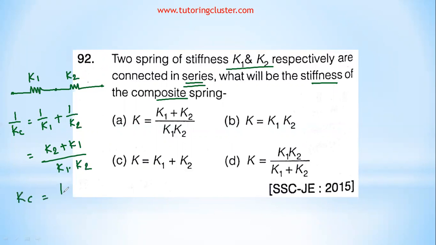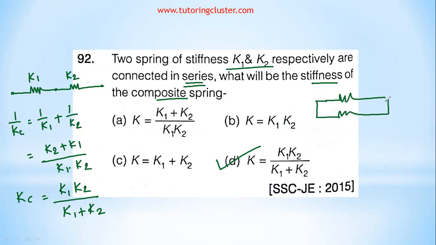So Kc is equal to K1 K2 upon K1 plus K2. So the correct answer will be option number D. And in case of parallel, K equivalent is equal to K1 plus K2. Remember this thing.